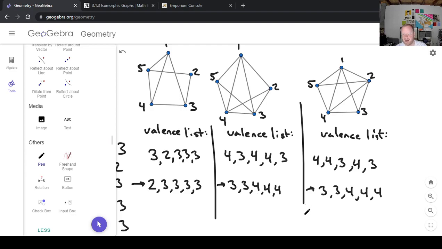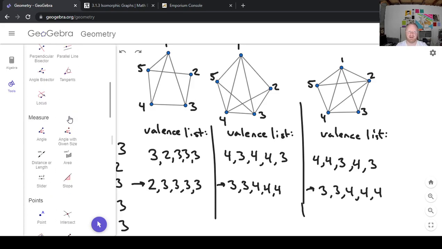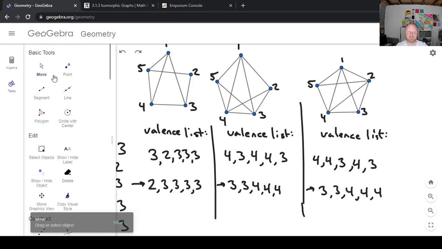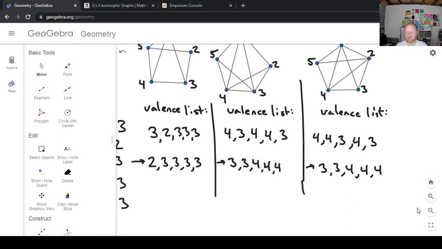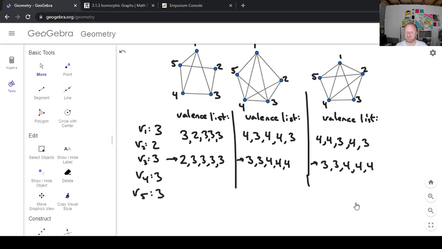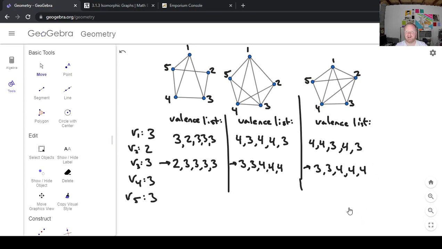But it's possible, at least, that graph B is isomorphic with graph C here, right? Now, I say that it can be, right? I'm not saying that if you come up with this valence list and that two graphs have the same valence, that means that you can say that they're isomorphic. That's not what I'm saying.